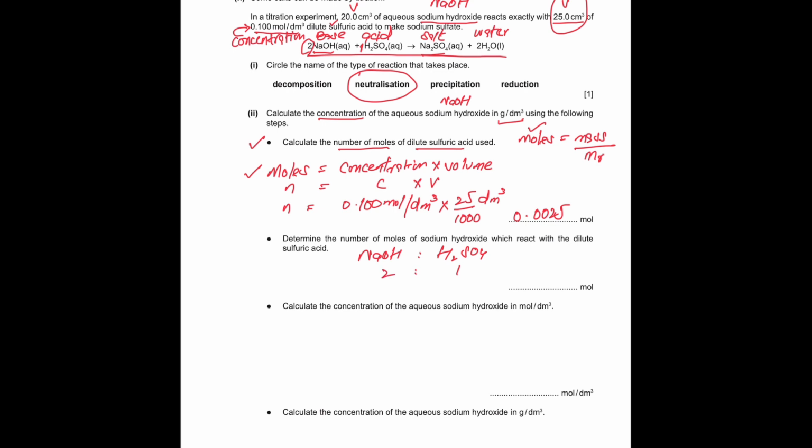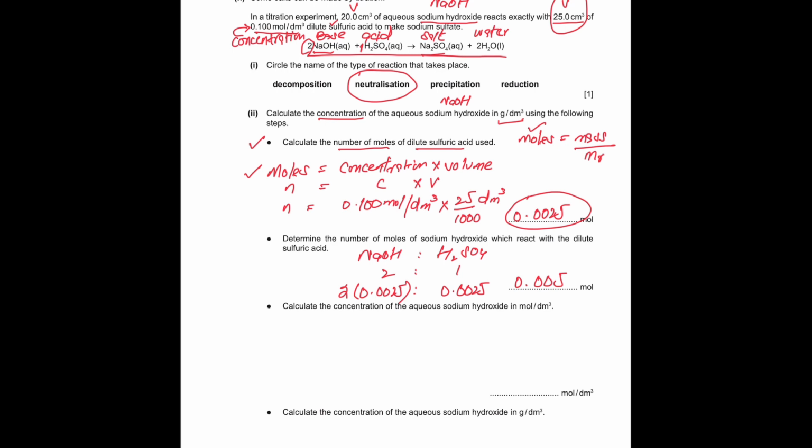We already found the number of moles of sulfuric acid, 0.0025. So we multiply it by 2 because it's double. After multiplication, it becomes 0.005.